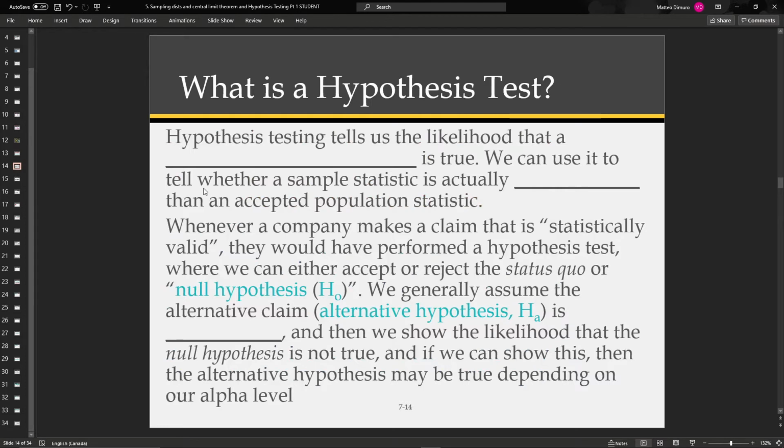So, what is a hypothesis test? Well, hypothesis testing tells us the likelihood that a probability is true. Now, everything we do in stats is about probabilities. So there you go. We can use it to tell whether a sample statistic is actually different than an accepted population statistic.